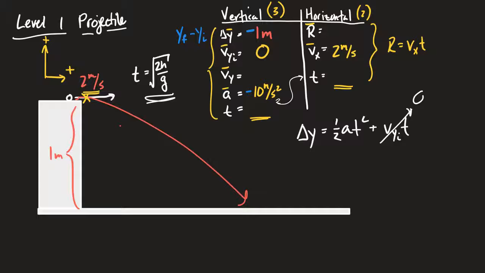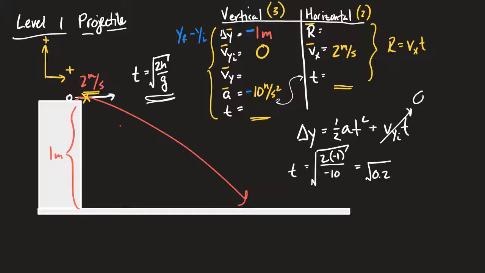So I'm just going to say that the time is equal to the square root of 2 times -1 over -10. Which is, let's see, that's 2/10 or 0.2, the square root of 0.2. Now, you got to figure out what the square root of 0.2 is. That's where your calculator probably comes in handy. But square roots of decimals work like the opposite of square roots of regular numbers.